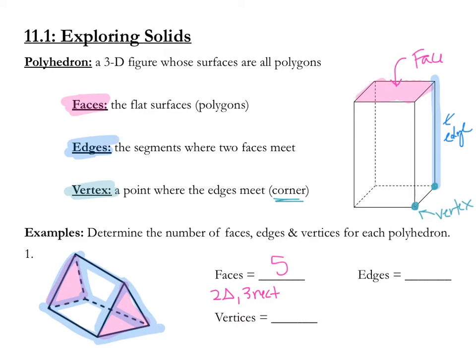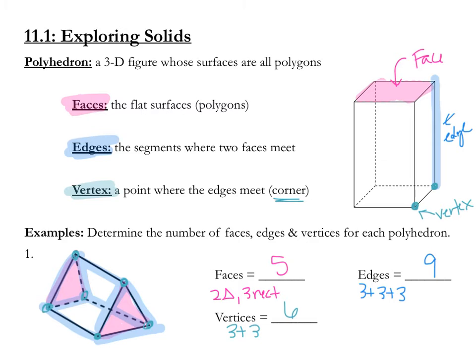So that's 3 plus 3 plus 3, which gives me a total of 9 edges. And then the last thing we're looking at is vertices. Those are the corners. Again, I'm going to try to keep the ones that are on the same face together. So do these in groups. There's 3 corners on the top triangle, and there's 3 corners on the bottom triangle, so that's just 3 plus 3, which is 6.